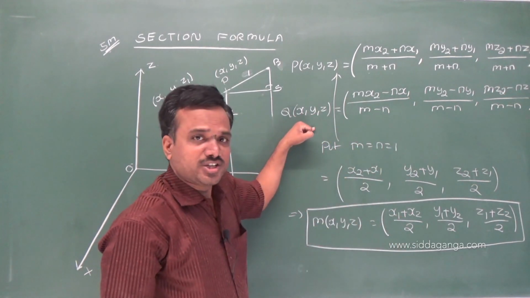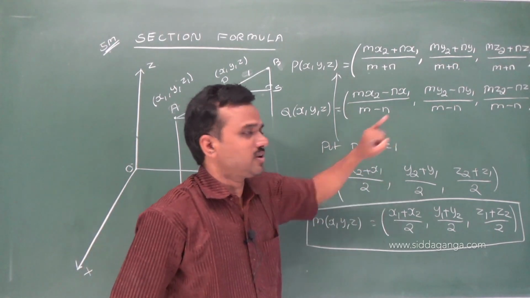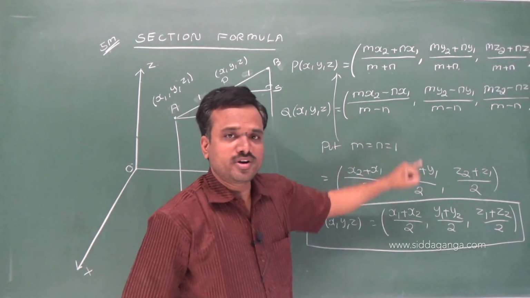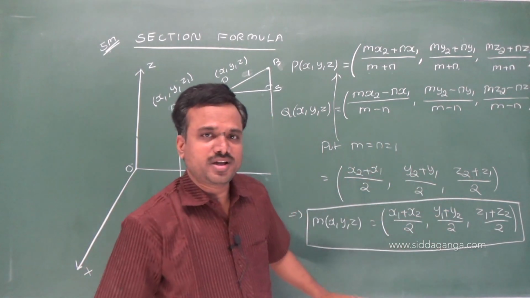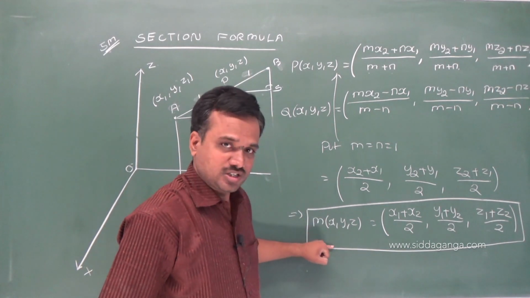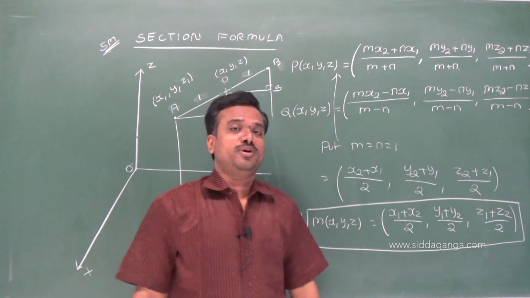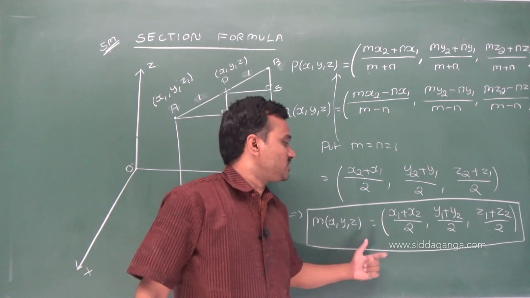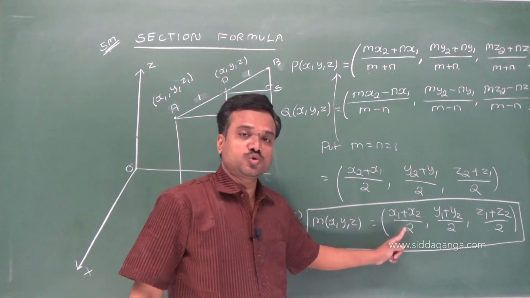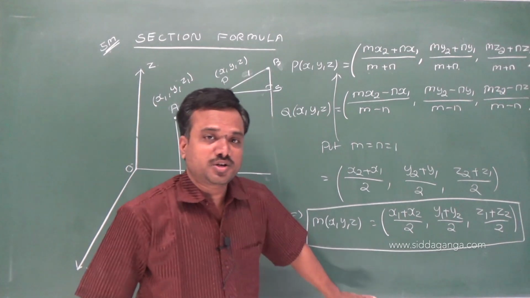Section formula for external division: mx2 minus nx1 divided by m minus n, my2 minus ny1 divided by m minus n, mz2 minus nz1 divided by m minus n. Lastly, midpoint formula in space, M of x comma y comma z is given by x1 plus x2 by 2, y1 plus y2 by 2, z1 plus z2 by 2.